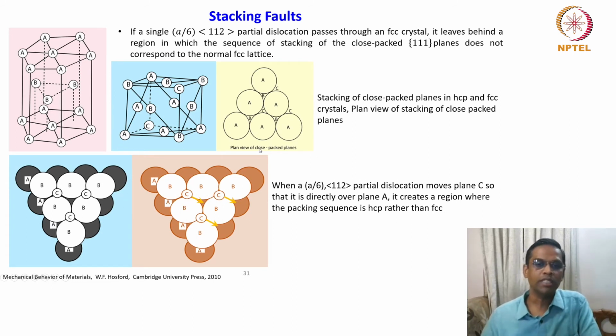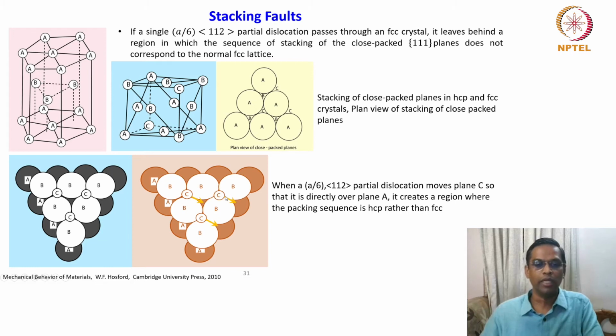So what is written here? Suppose you have this kind of a partial, trying to move from here to here. This is the same a/6 partial dislocation moving a plane, C. So this void to this void. What is this C void? The C void is an equilateral regular triangle void.